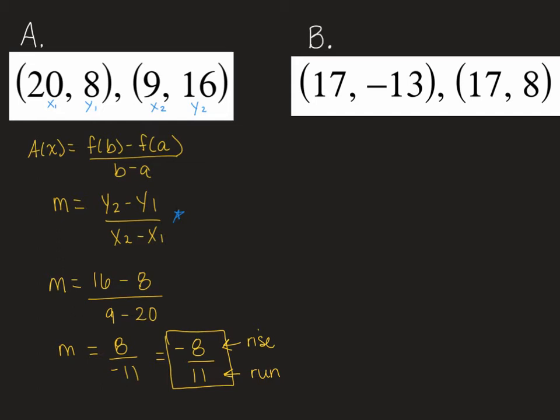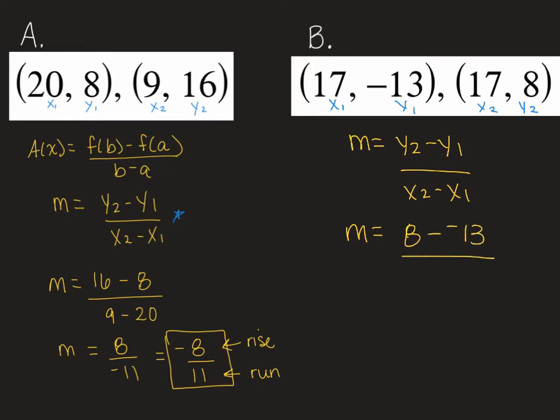So we can use the same formula. We'll use m equals y2 minus y1 over x2 minus x1, and we can label our points. So we have x1, y1, x2, y2. I think that y1 looked like an x, but you know what I'm talking about. So we're going to plug them in. We have our y2, which is 8, minus our y1, which is negative 13, over our x2, which is 17, minus our x1, which is also 17.